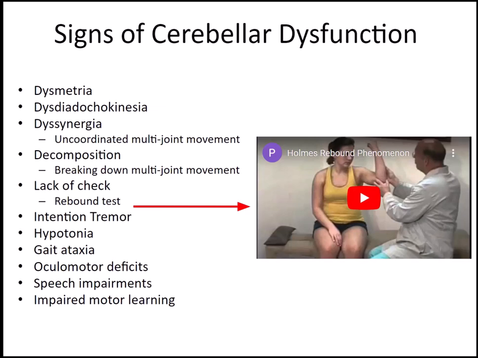So if a person isn't able to learn properly, it's because their cerebellum isn't functioning properly. Okay, thinking about cerebellar dysfunction and the signs for cerebellar dysfunction, I hope you remember that if somebody has a problem on the right side of their cerebellum, these issues are going to present on the right side of their body. Okay, so it's not crossed over to the other side, it's same side problems.